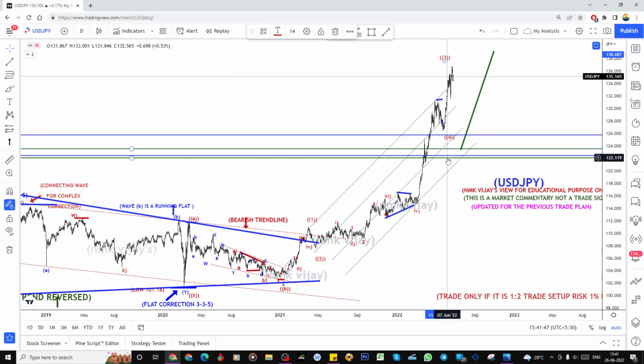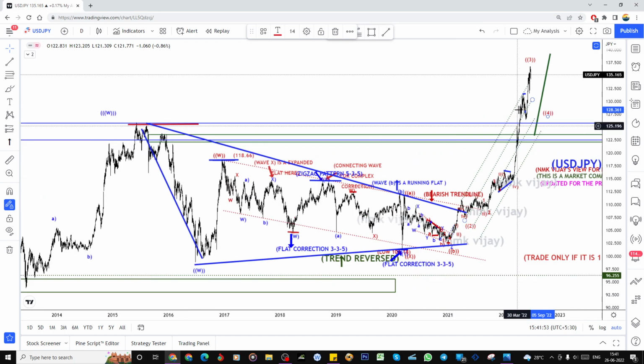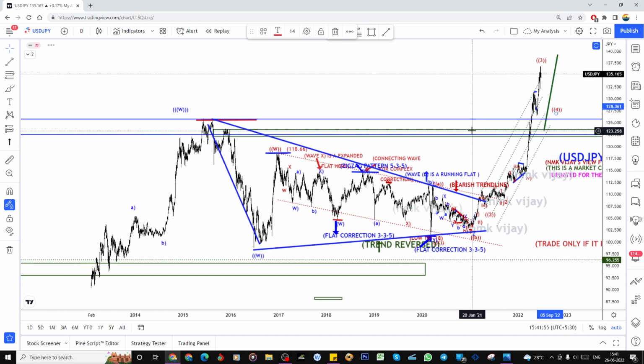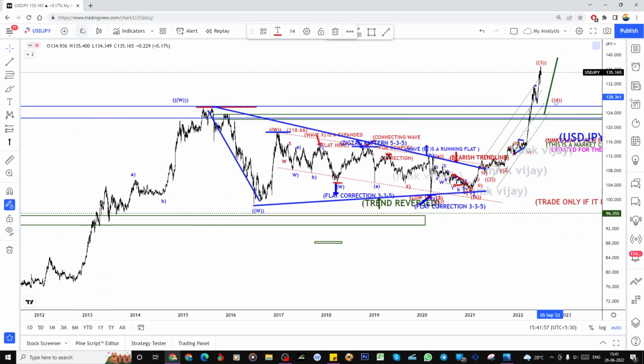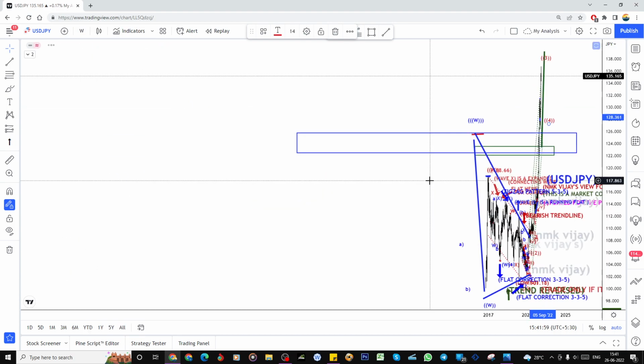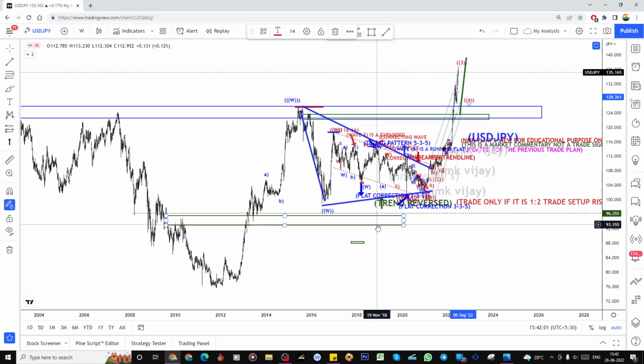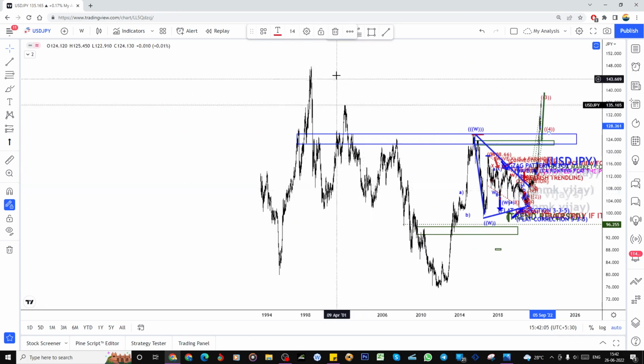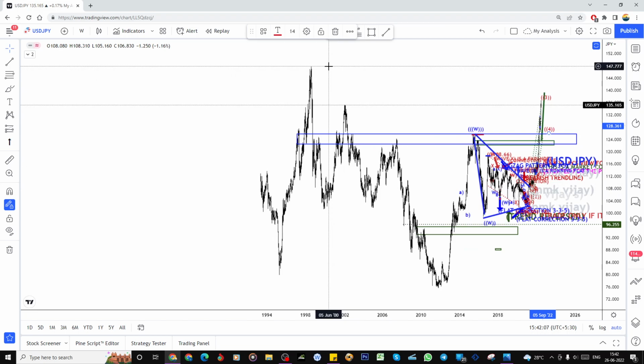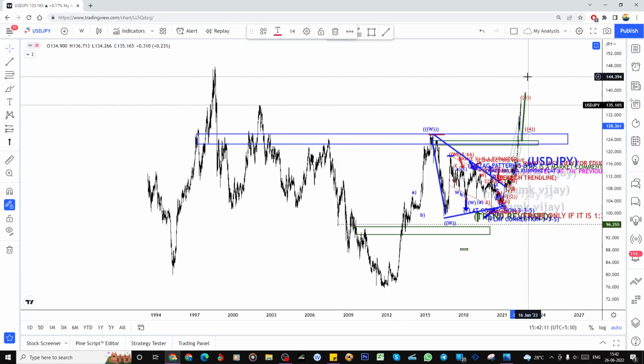So we can convert this to the bigger 5-wave structure also, but this is the bullish one. And our target now has changed. My previous target got achieved once it reached above this level 125. Now I am targeting above this 148. 147.77 is my target as of now.